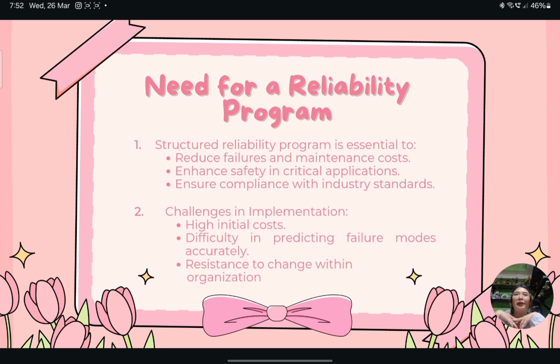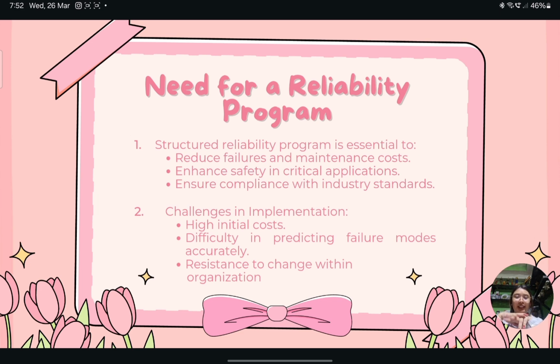Of course, since we're dealing with aircraft, we're also dealing with the lives of people. So we need to really maintain the aircraft to ensure the passenger safety as well as the pilot safety, right? It also ensures compliance with industry standards. In the aviation industry, we do have lots of standards, especially the ICAO.